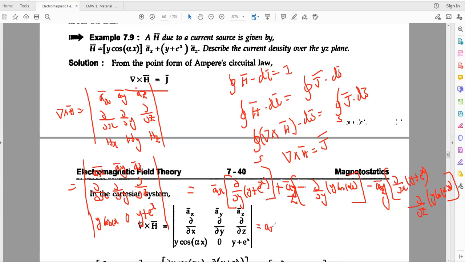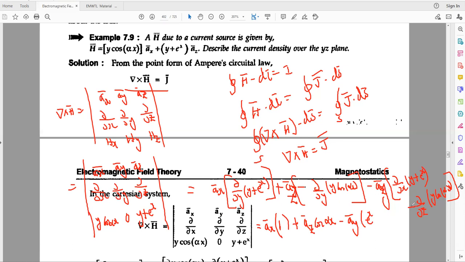So the AX bar coefficient: we are applying the partial derivative with respect to y. E power x gives 0 and y gives 1. Plus AZ bar, dou y by dou y, so cos alpha x, the y derivative is 1. Minus, with respect to x, the AY bar coefficient, e power x derivative is e power x.